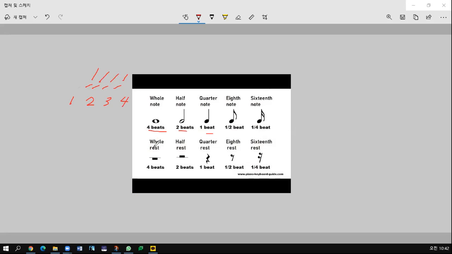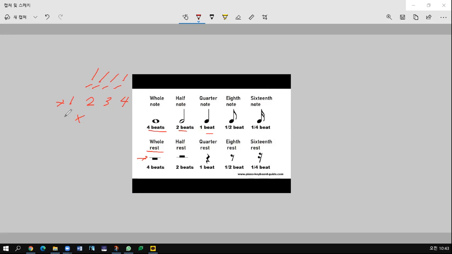But the rest means you're not supposed to play. You rest, okay? But the value is the same. So instead of playing 4 beats, like 1, 2, 3, 4, play, this one is 1, 2, 3, 4, you don't play, but you keep the beat.